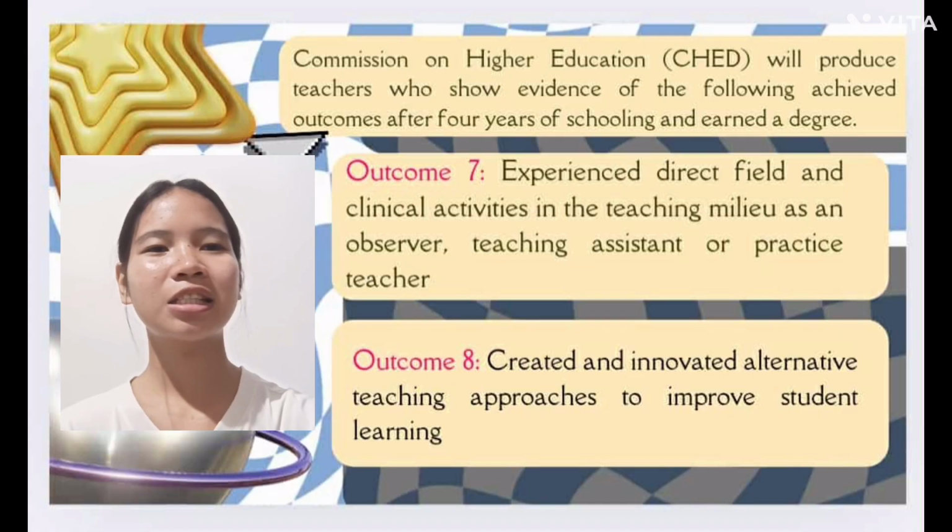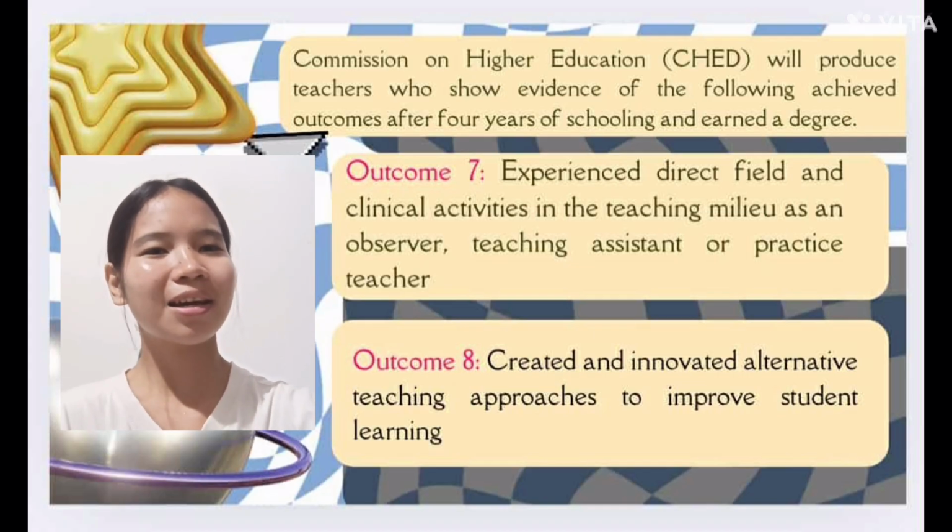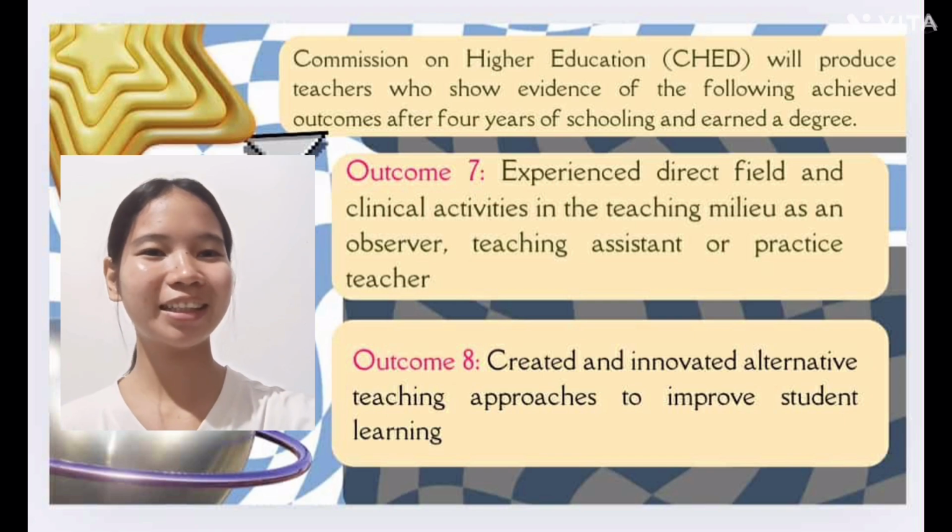Like, let's say, during your practice teaching, you'll first observe your mentor teacher, then later you'll handle lessons yourself. You'll learn classroom management, lesson delivery, and how to deal with real students' behavior. Things you can't learn only from books, right?